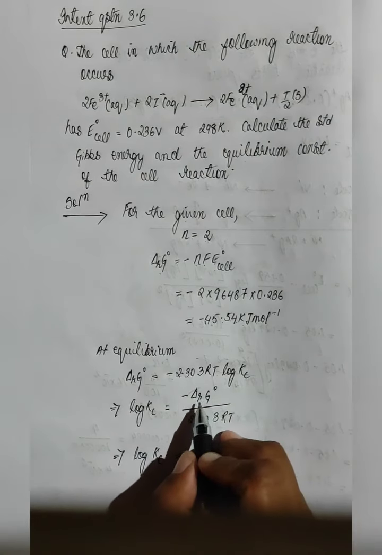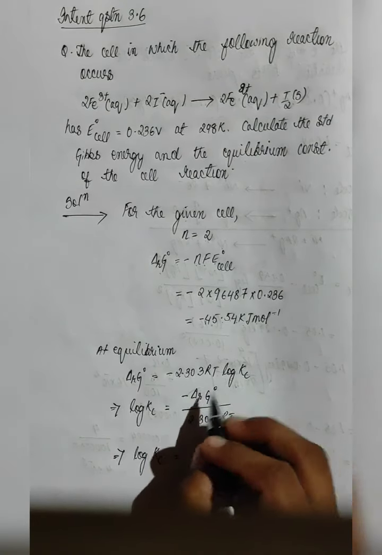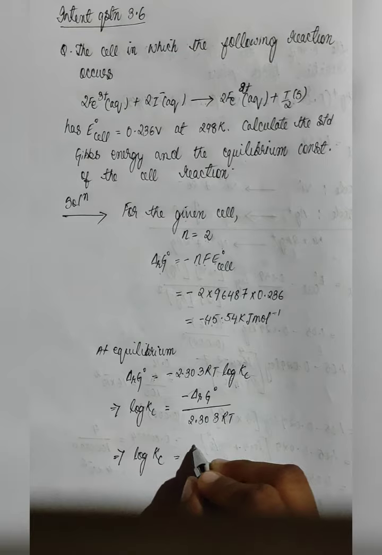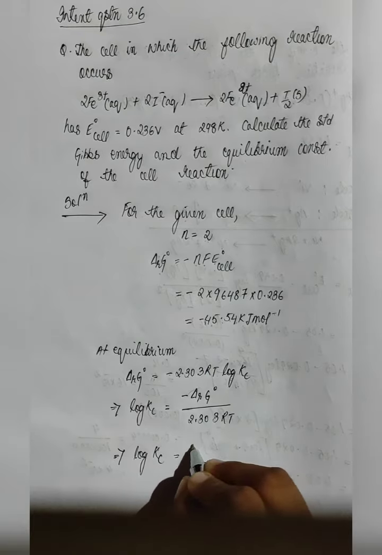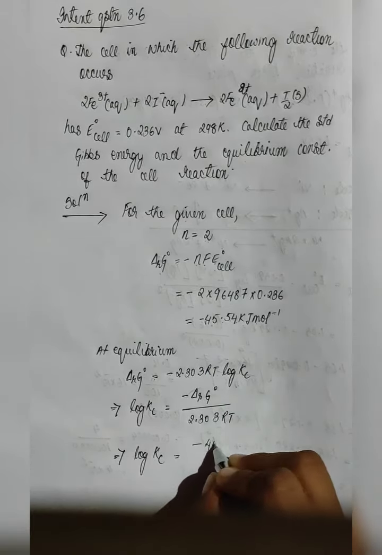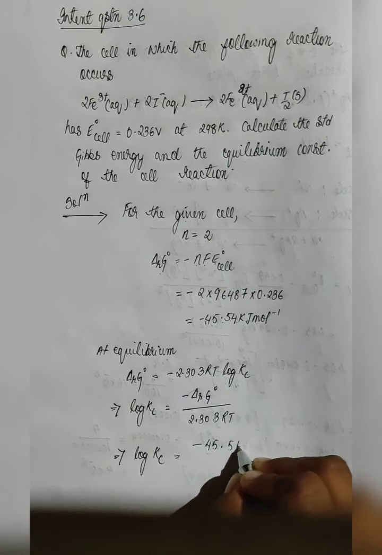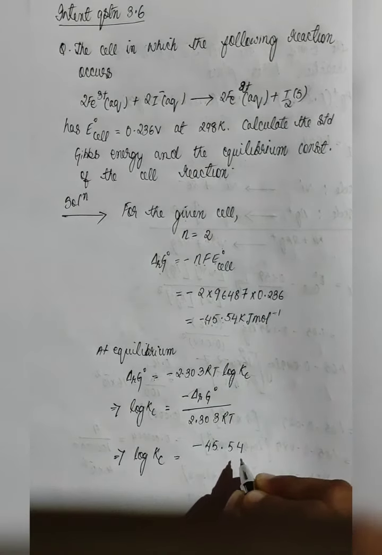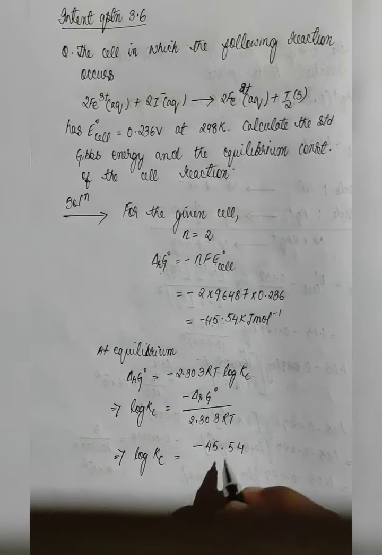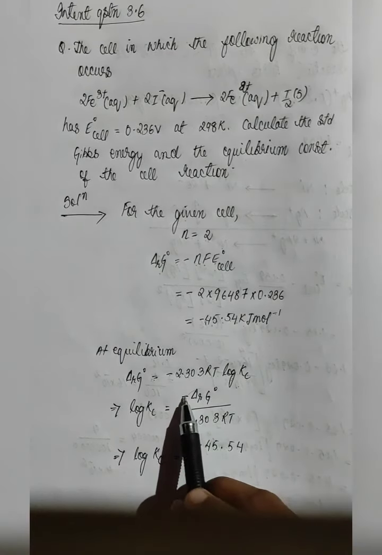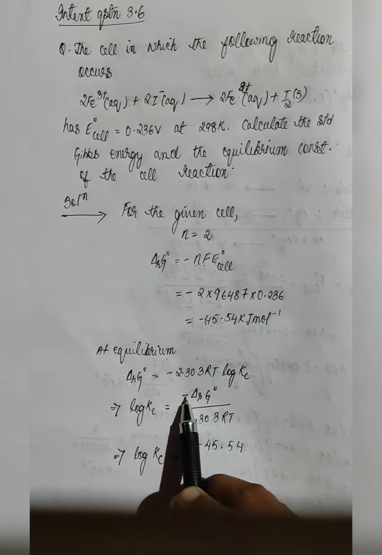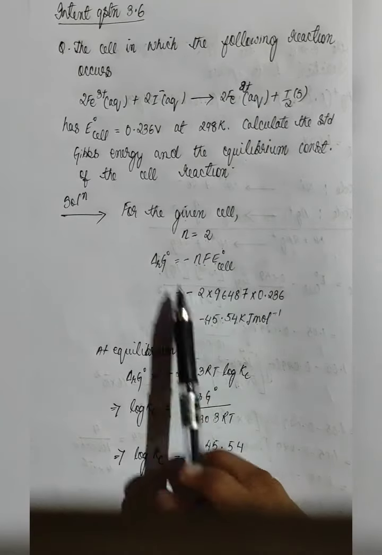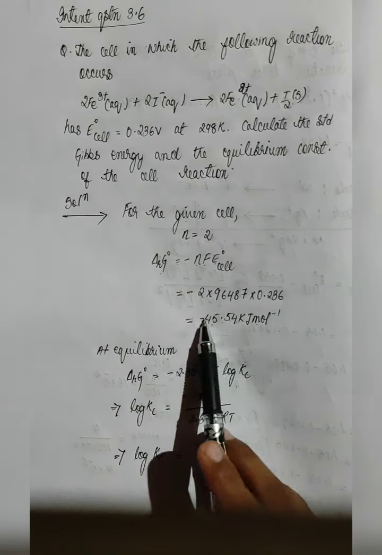So now, Gibbs energy we have already calculated, which is minus 45.54. Here there is minus sign as well. So from the calculation we already got one minus sign.